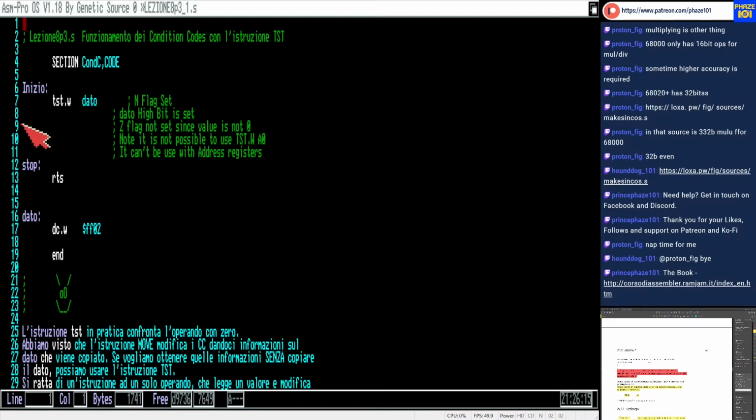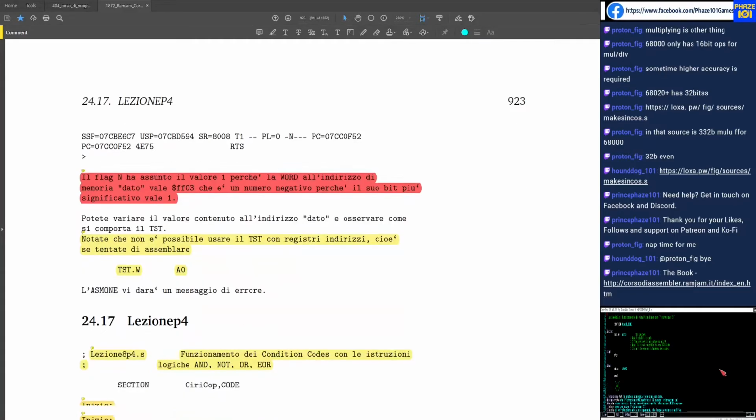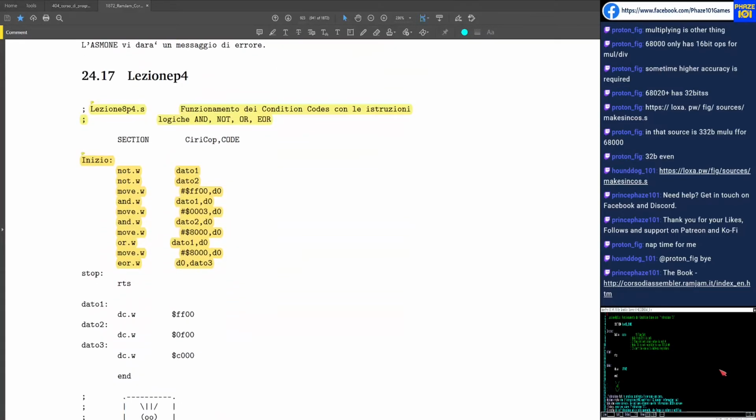It's a very short one. So we're going to do the next one. Let's go to the book. This one is very hard. I'm going to explain it, but it's very hard to show unfortunately, because you will not be seeing these values down below when we are executing it.